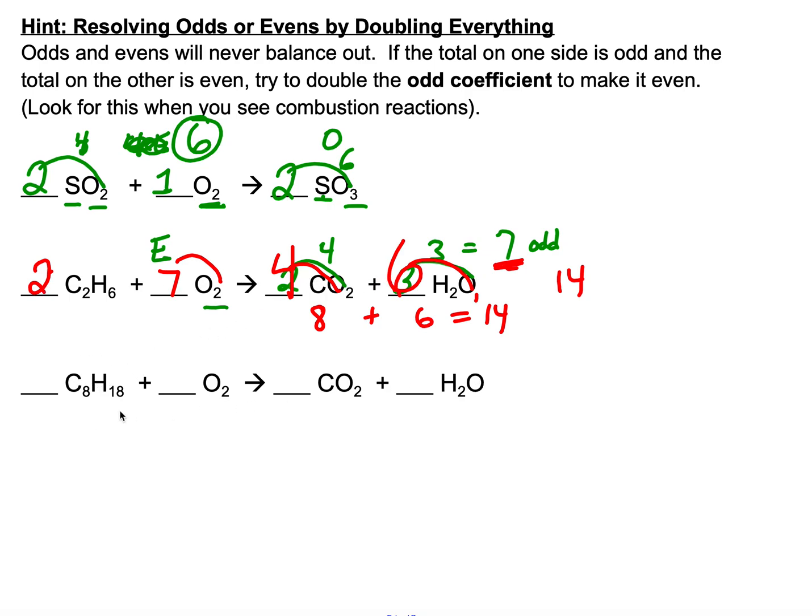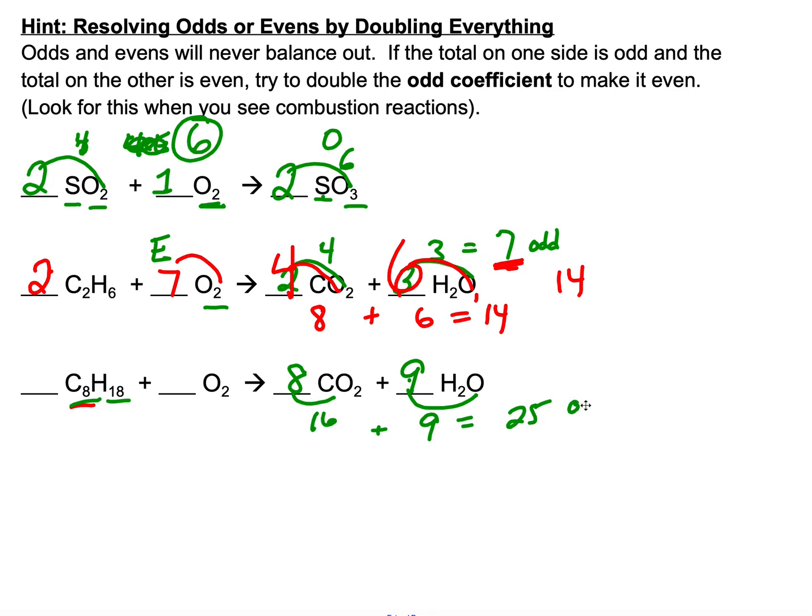Do oxygens last. Carbon, actually let me start with green again here. Carbon, we've got 8, so I'm going to put an 8 here. Hydrogen, we got 18. What times 2 gives me 18? 9. Now let's focus on oxygens. 8 times 2 is 16. 9 times 1 is 9. 16 plus 9 is 25.